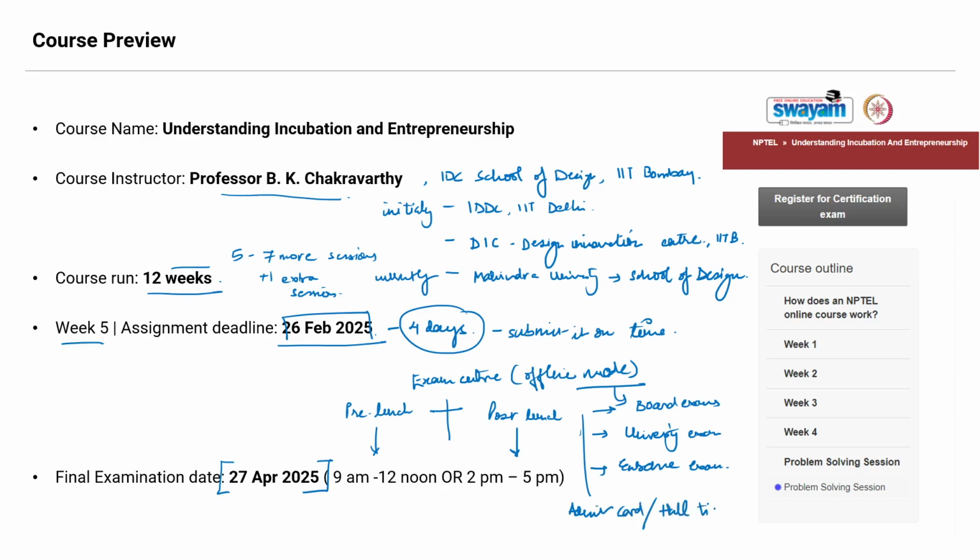Whether you call it admit card or hall ticket, it's one and the same thing. Depending on the choices you give for the venue, you'll be allotted one examination center. Then you'll have to go there and submit your paper.